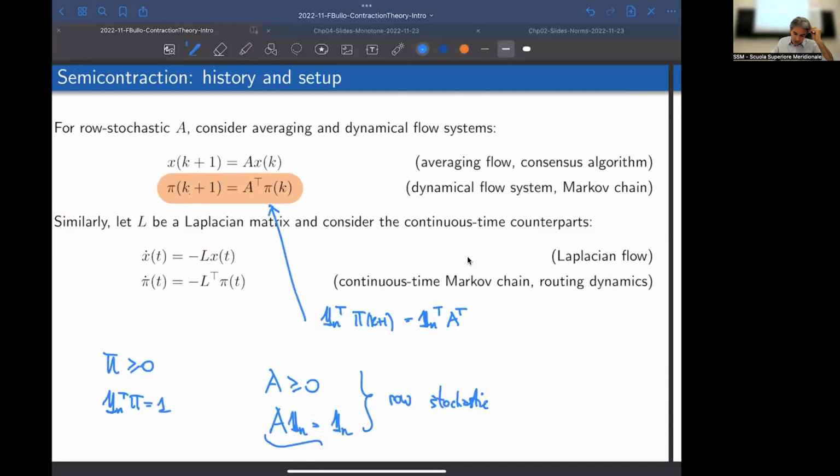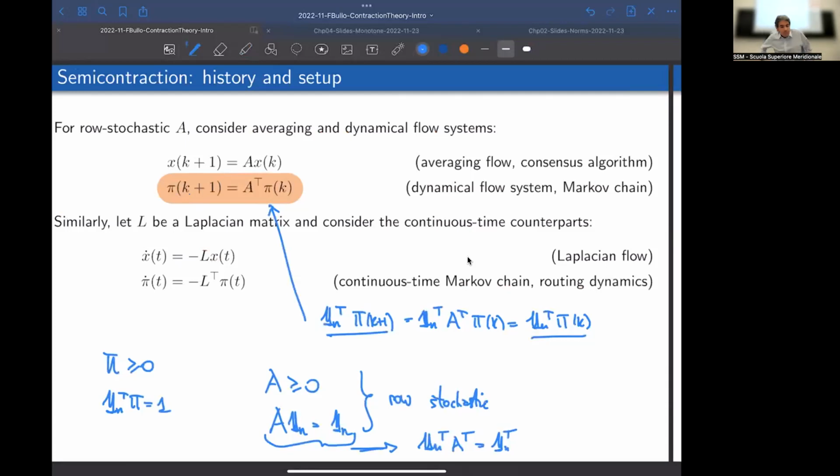But of course, if I have this equation, then I also have the transpose equation: 1n transpose A transpose is equal to 1n transpose. Remember, when you take the transpose of the product of matrices, you need to change the order, right? So this was A transpose of pi at k, and this is 1n transpose pi at k. Now, you see, the total mass is conserved. So the probability mass function integrates to 1, and that 1 is preserved, right? I have a conservation of mass.